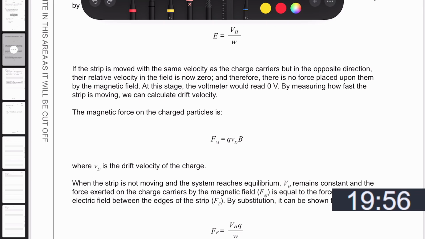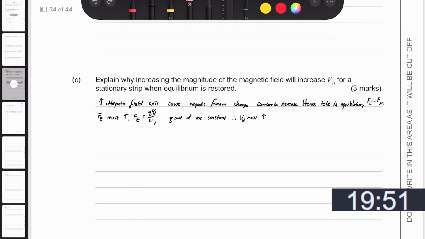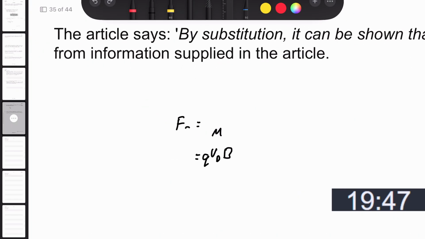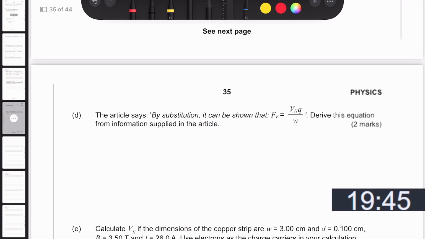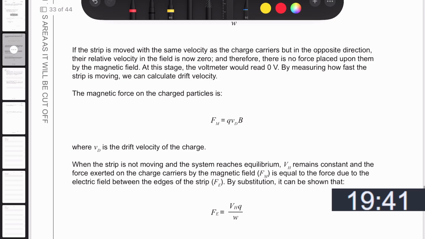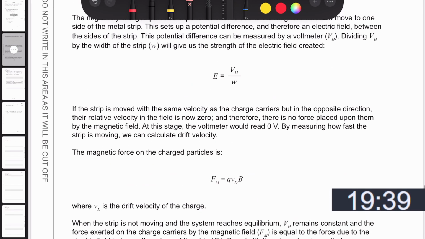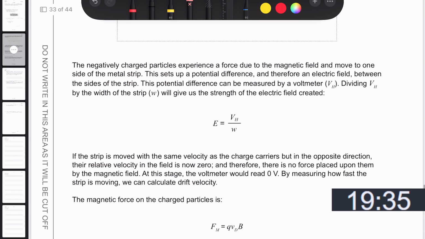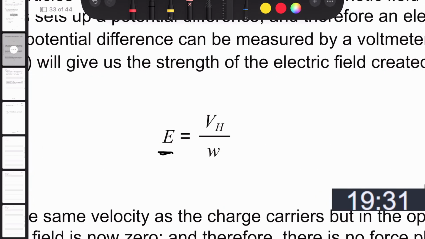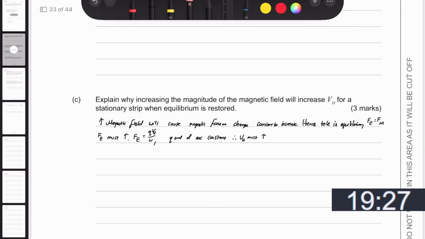Electric force is QV_D, from information supplied in the article. I don't think you can do it from information from the article, can you? Maybe this I just put as F over Q. Maybe?